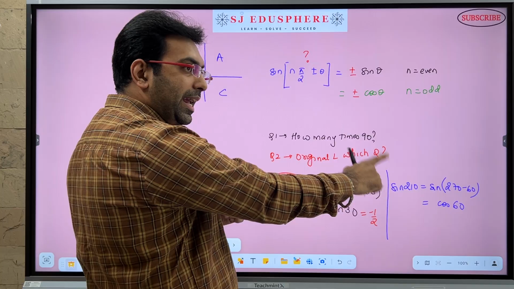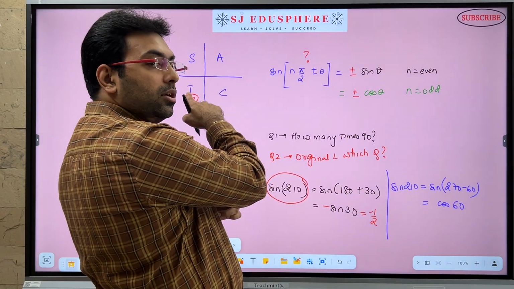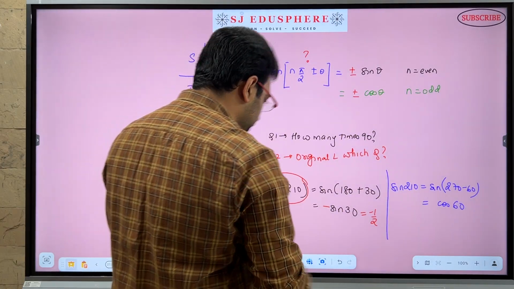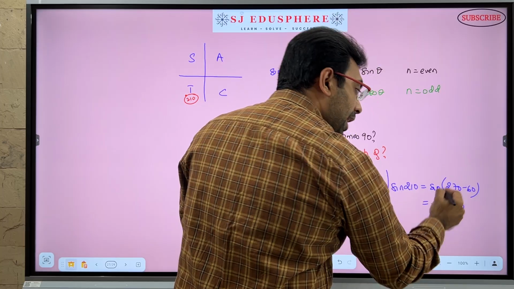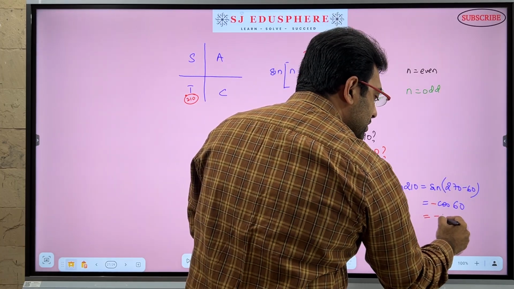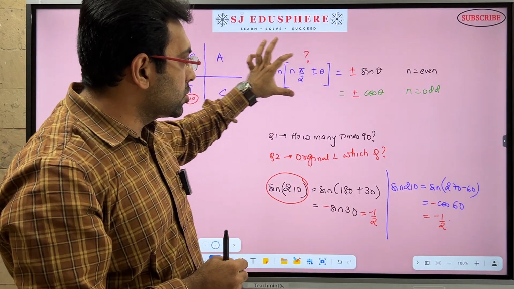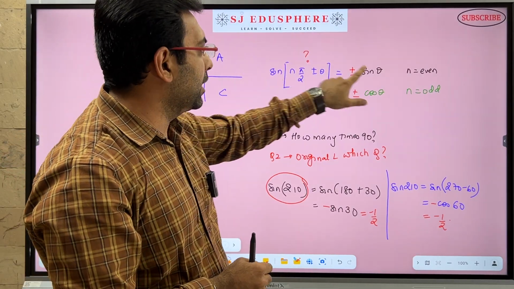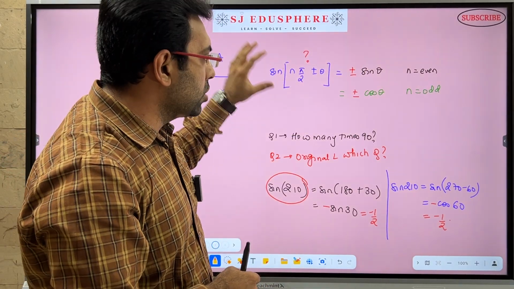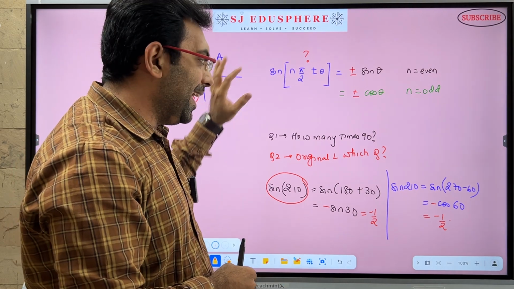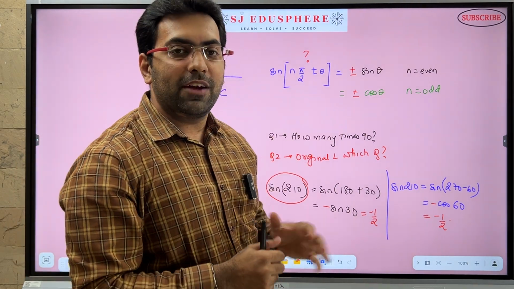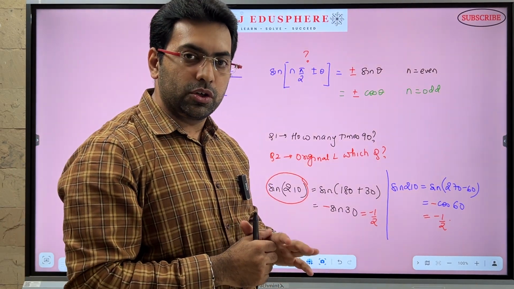Original angle 210, again still in the third quadrant, the sign for which is negative. And we know the value for cos 60 is half. And hence, using this quadrant rule, whether for sine becoming complementary or cos or tan or cot or any angle, you can derive any formula list for your Trigo sheet.